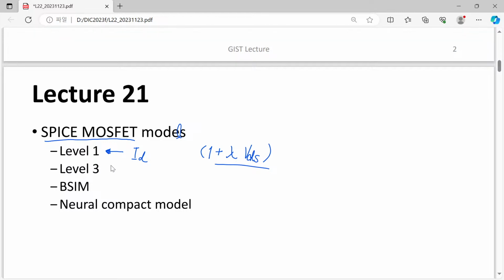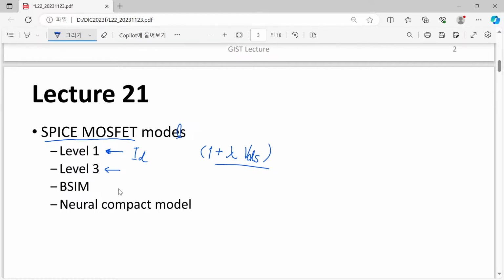And after that we have seen that level 3 model, we have more complicated empirical expressions for IV characteristics. After that, we considered the standard model called BSIM, and BSIM has many different family members in it.